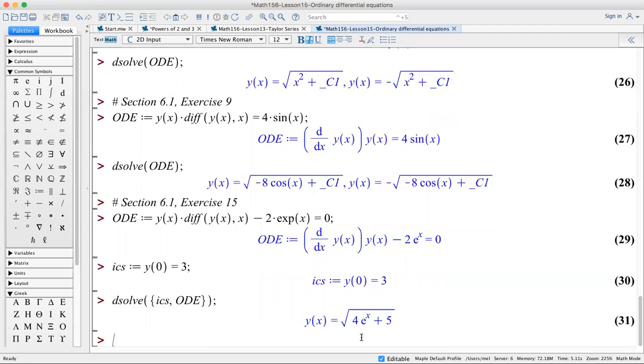And that's the solution. See, if you plug in x equals 0, you get the square root of 9, which is 3. And you should check, if you differentiate this times y of x, that's what you should get.